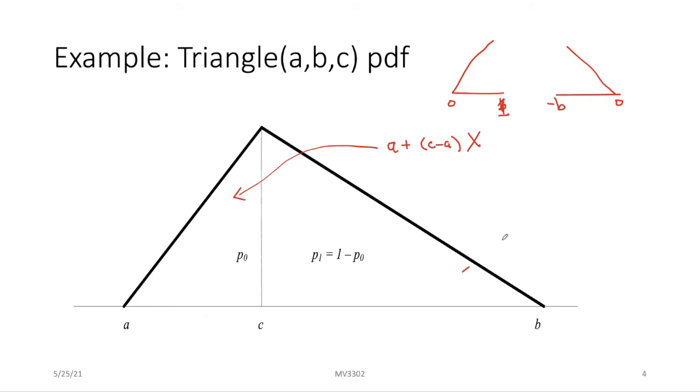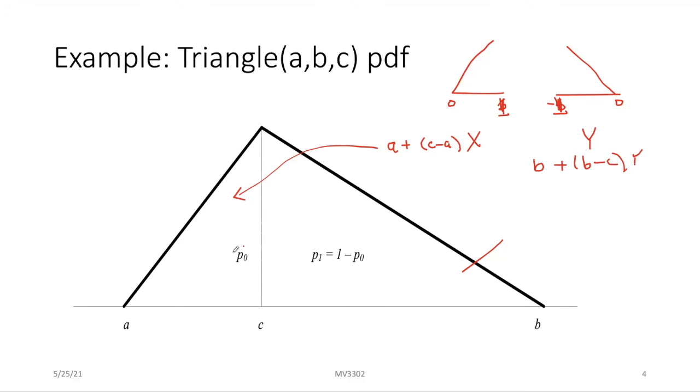And similarly over here, if I have a Y that's one of these, from -1 to 0, then B plus (B minus C) times Y will give me the same sort of thing.